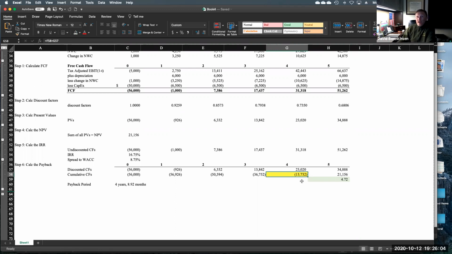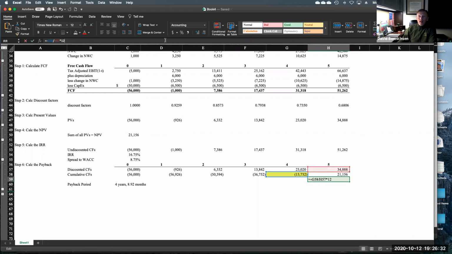And we know that in year 5, we're forecast to generate $34,888. Okay. So how do we do it? Well, what percentage of the year, how long in year 5 did it take us to generate $13,732? Well, it's pretty straightforward.